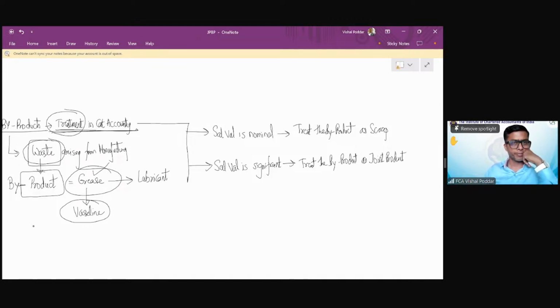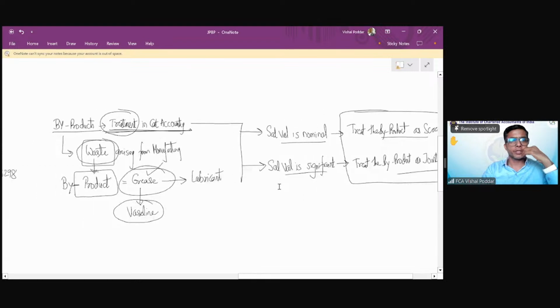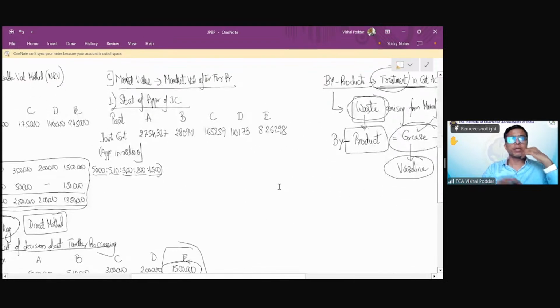Now, two questions. What do you mean by sale value nominal or significant? First question. Second question, what is treating it as scrap or treating it as joint product? Let us understand. Let me answer this first. What do you mean by treated as scrap or treated as joint product? So the answer is, here, let us say E is that grease, for example.